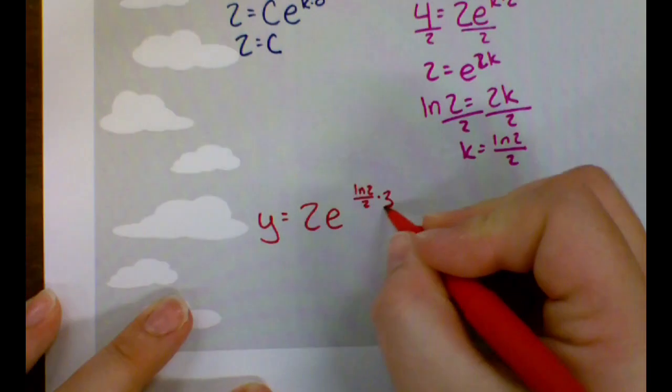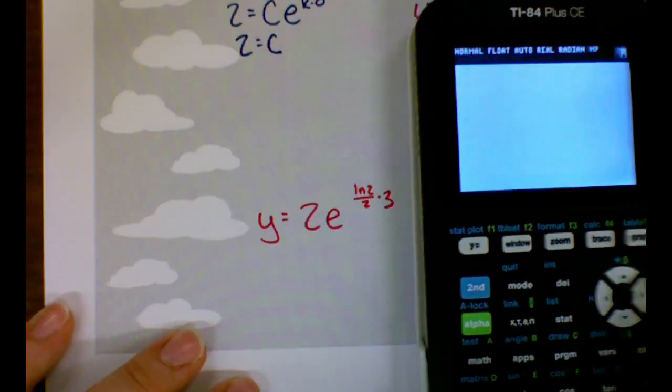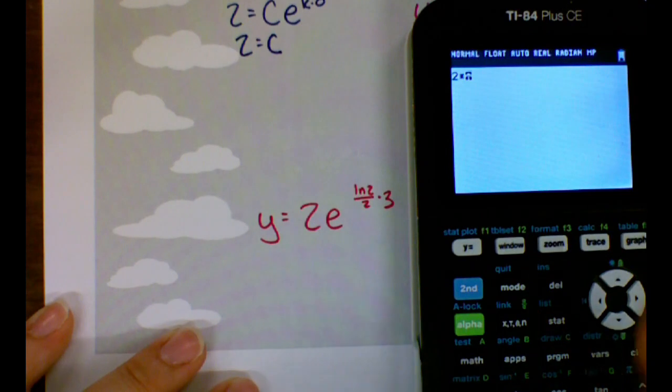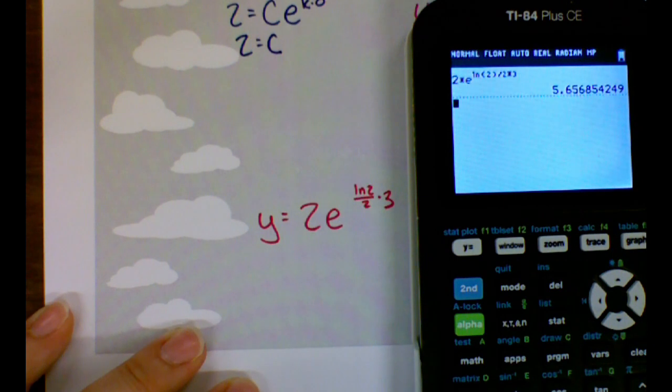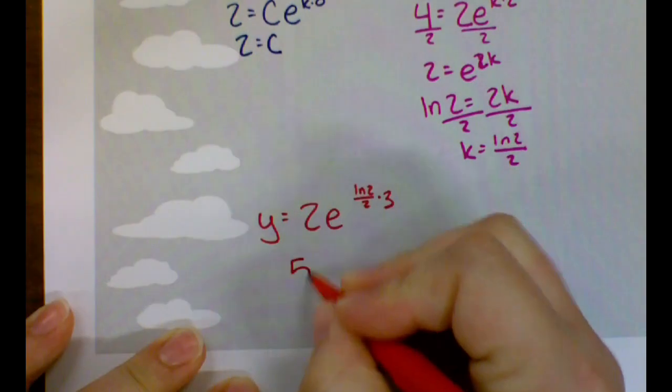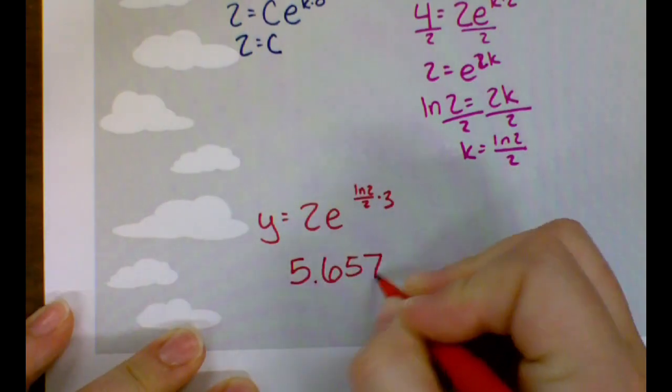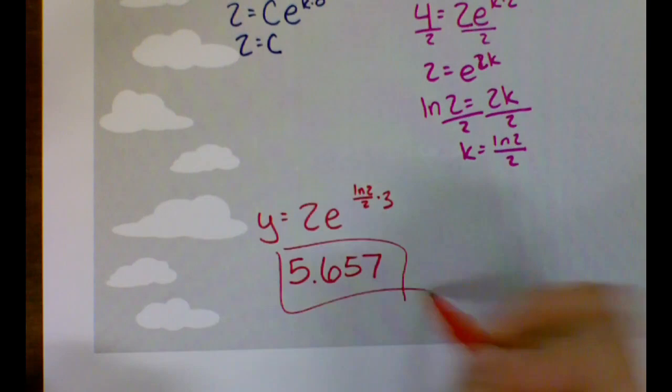T is 3. And now I have a calculator problem. 2 times e to the natural log of 2 divided by 2 times 3. 5.657. Now we don't have any context there, just a value, but that's our answer.